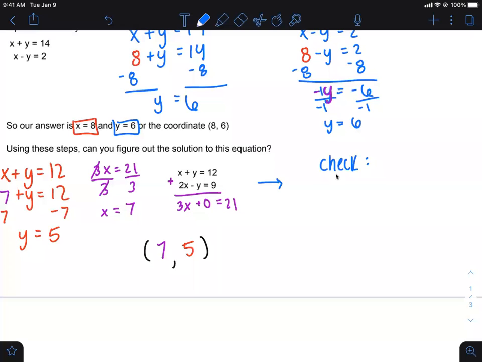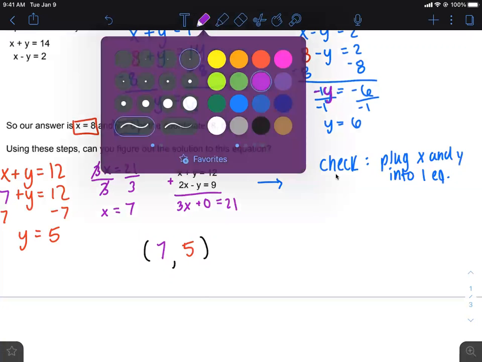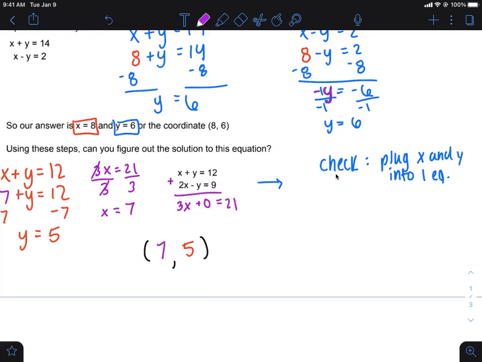Does it matter which equation? No, right? So we plug x and y into one equation. And again, my friends, you see how this ties back into the beginning of this unit. Okay, so I like equation 1. Let's keep it simple.